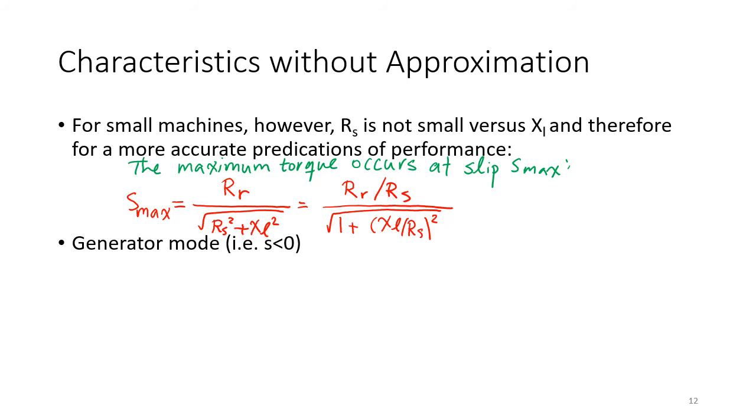So now RS is added. If you take the limit of all this and try to approach RS to 0, you go back to the equation we have previously. But the problem is that these equations are going to be used when RS cannot be ignored, cannot be considered as 0.